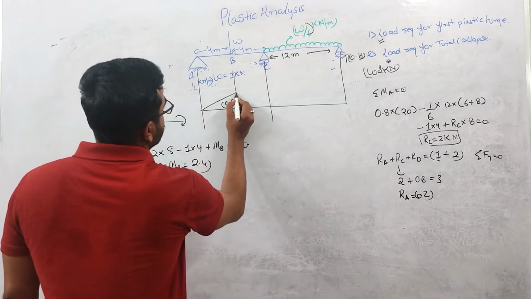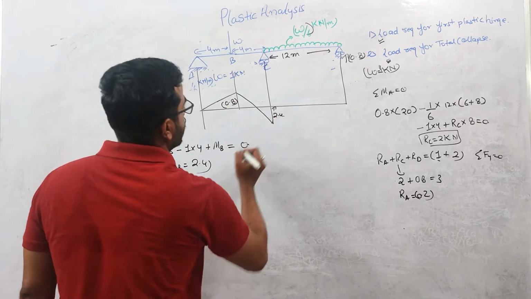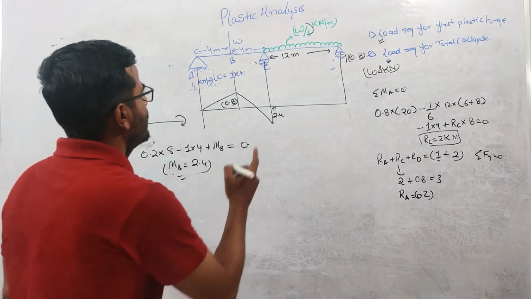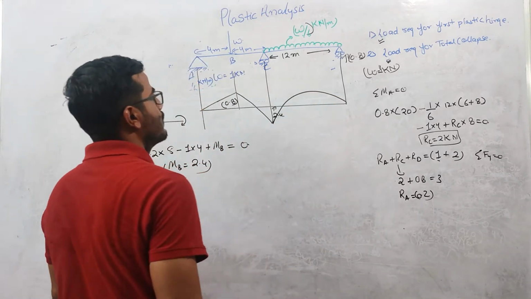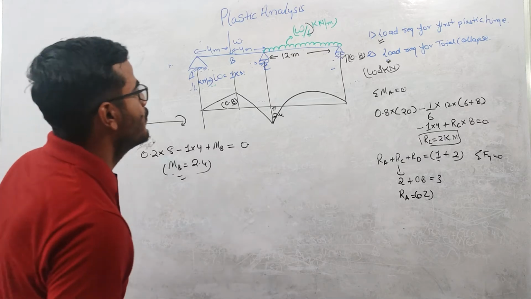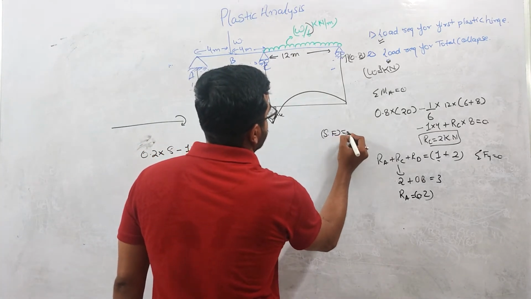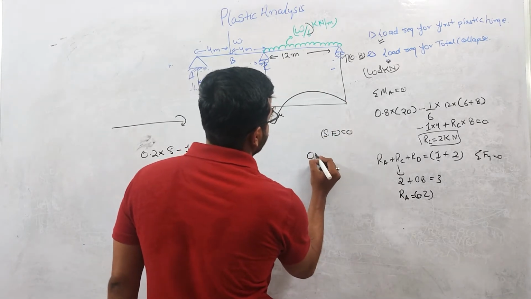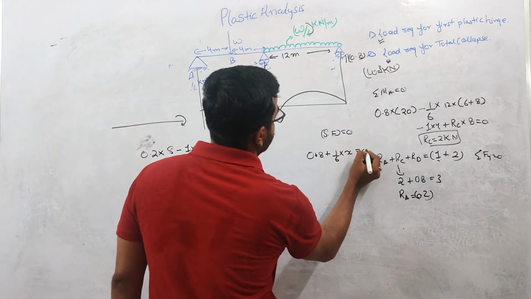If you draw the bending moment diagram, MB comes out to be 2.4. This is creating hogging, so it will go like this at this point. This is 2.4. For this UDL case, the bending moment will be like this. The maximum value of the bending moment will occur where the shear force will be 0. If you calculate the shear force from this side, I can write 0.8 plus 1 by 6 into x equals 0.